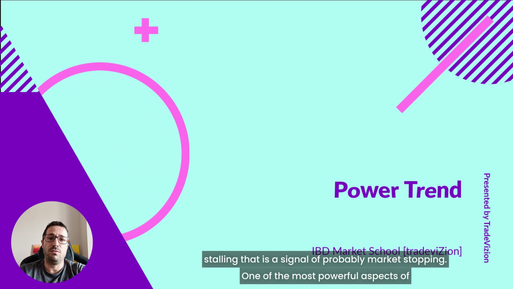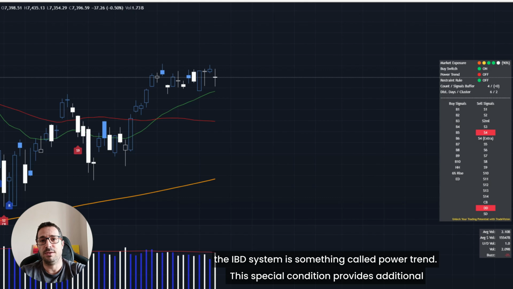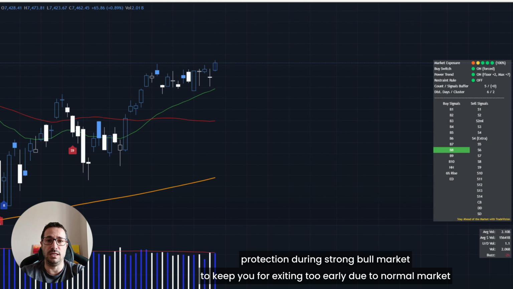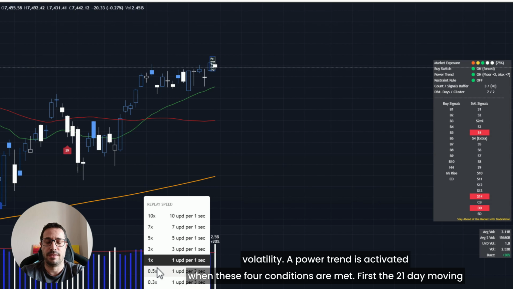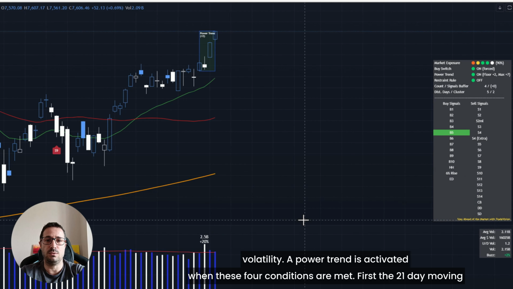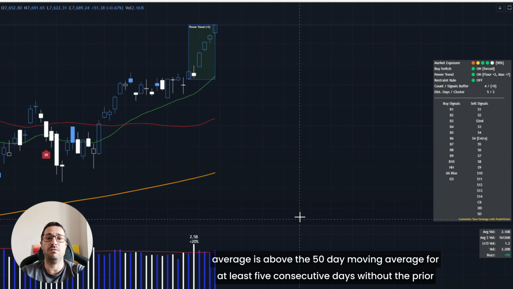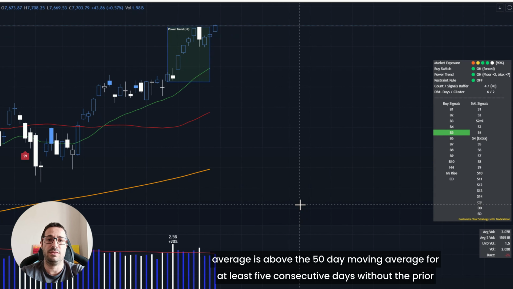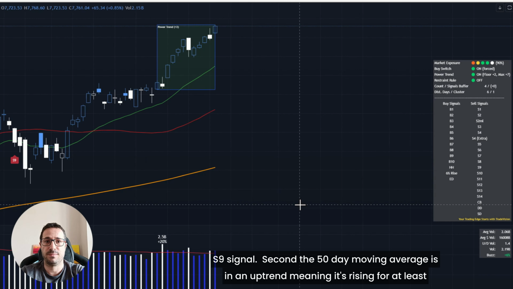One of the most powerful aspects of the IBD system is something called power trend. This special condition provides additional protection during a strong bull market to keep you from exiting too early due to normal market volatility. A power trend is activated when these four conditions are met. First, the 21-day moving average is above the 50-day moving average for at least 5 consecutive days without a prior S9 signal.